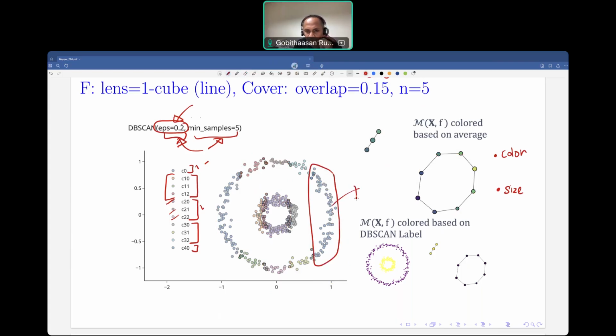In order to color the node, I can color the node based on, for example, a descriptive statistic. Take all these points, take the mean value. So I can color it based on the X mean or Y mean. If I take X mean, it's going to be very little difference. Y mean, oh, there is a range of differences, right? So I can color based on the mean values or some sort of maximum value or standard deviation.